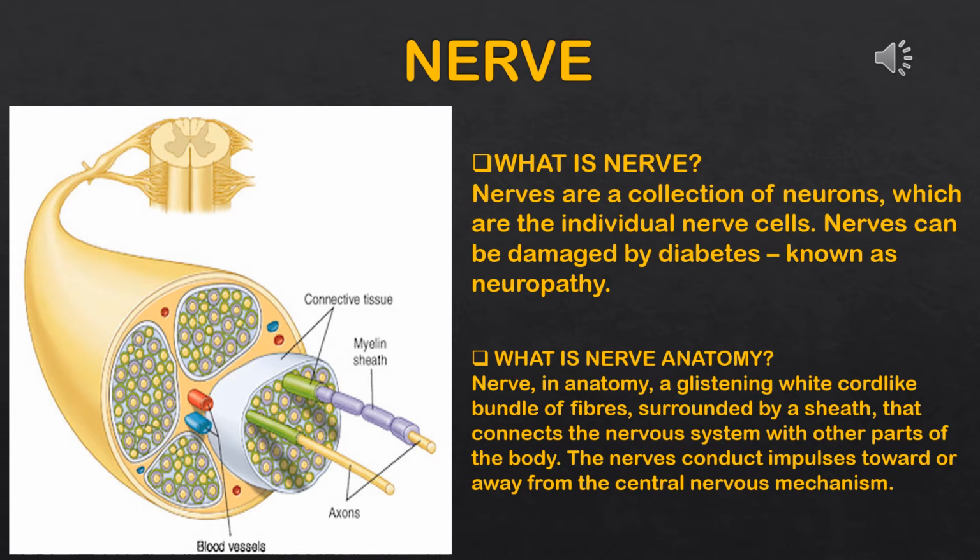Axons are there, obviously with myelin sheath around the axons. And see, both types of axon have been shown, myelinated and non-myelinated. Blood vessels, obviously they are there within the nerves. Hope you have understood. It's a very simple diagram. Try to draw this diagram properly with proper labeling and proper caption.